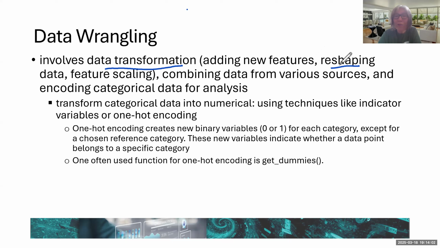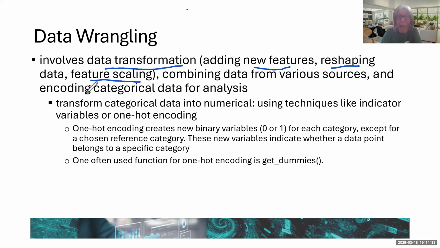Then we add new features, and feature scaling, which is also transformation. And also combining data from various sources. We discussed that you can concatenate multiple data frames together, merge them, or join them. Those are considered transformation.